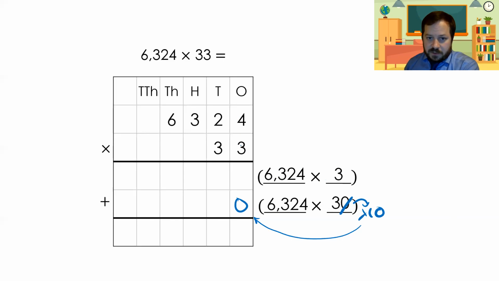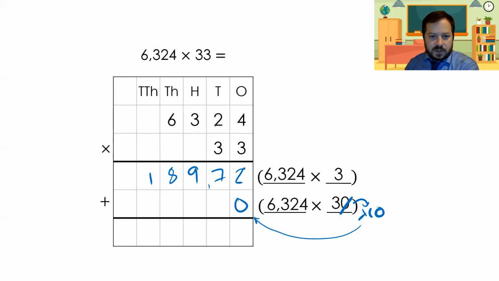So timesing 3 times 4 first. 3 4s are 12. Then we do 3 times 2 is 6, plus that one is 7. Then 3 times 3, which is 9. And then 3 times 6 is 18. Then we go on to the next one. I've done my 10, so I'm good.